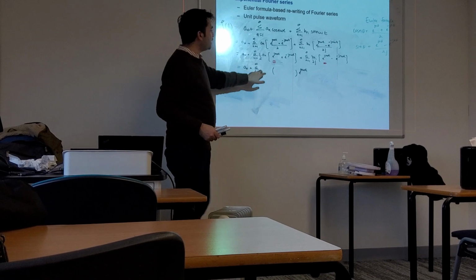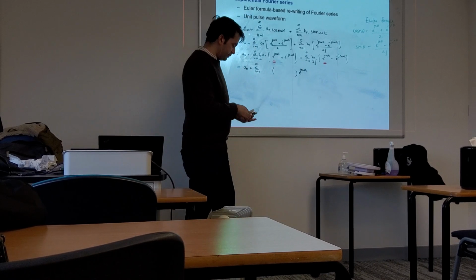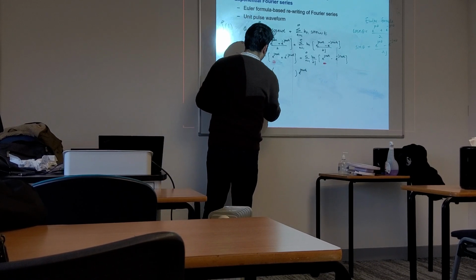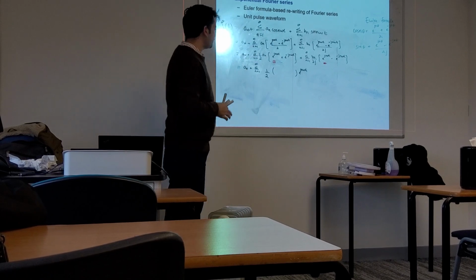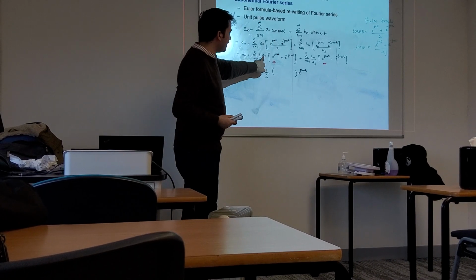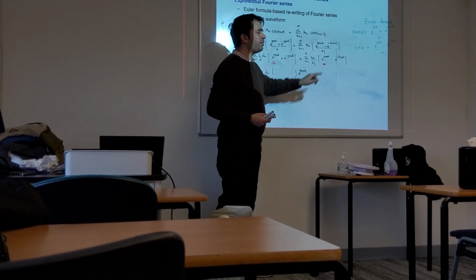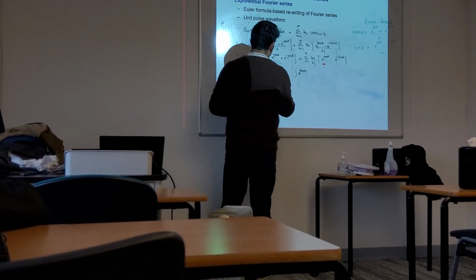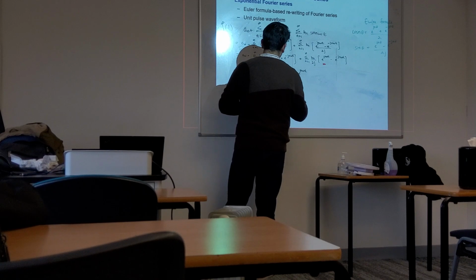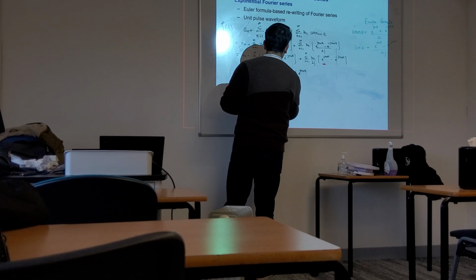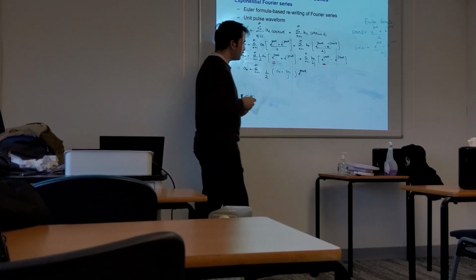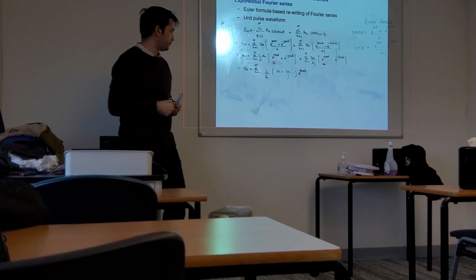I also know that 1 by 2 is common between the two, so I can write it as 1 by 2. Now coming to the next thing: here is an and here we have bn by j. So it would be an plus bn by j. So this was the first thing that we just separated.